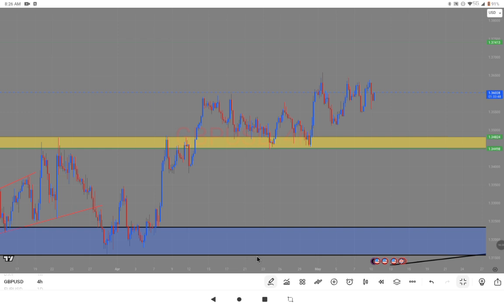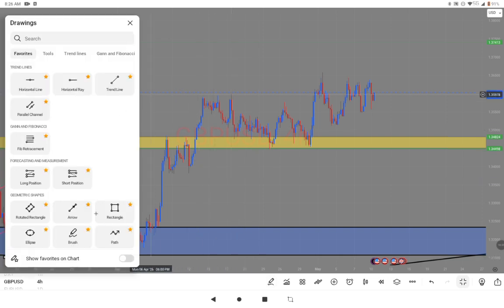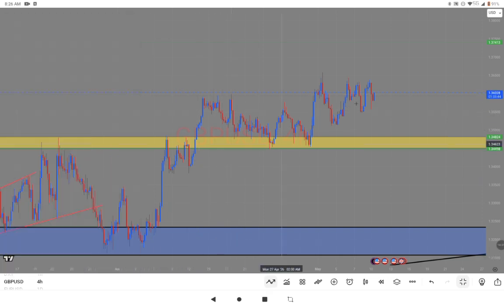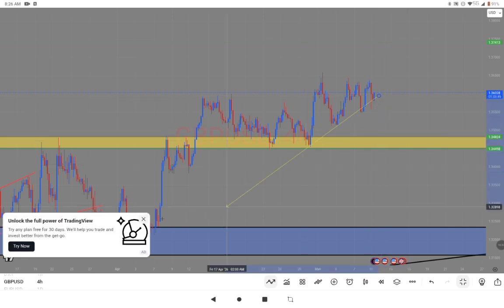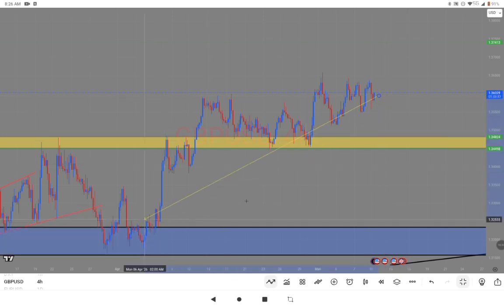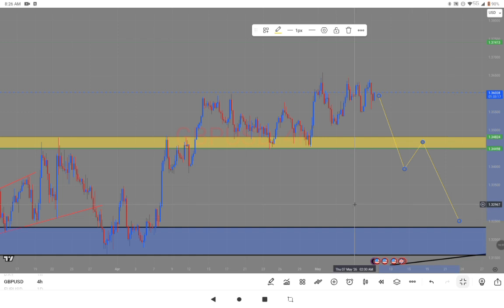The worst case that can happen to GBPUSD is if the market keeps dumping and gets to here, to the extent of crossing below. I will just expect a little retracement, and then I will short GBPUSD to this particular point here, the blue zone.